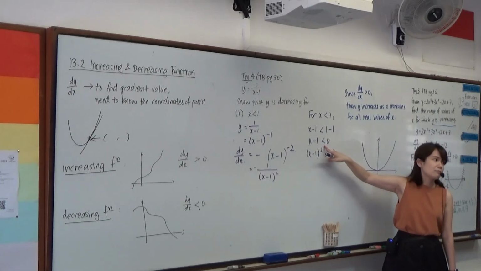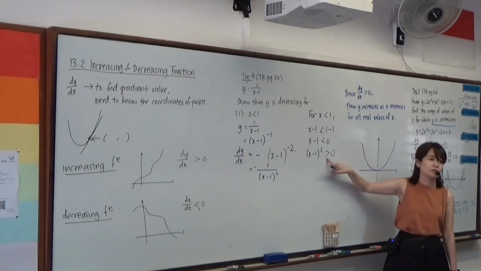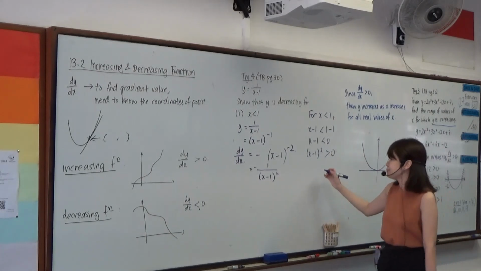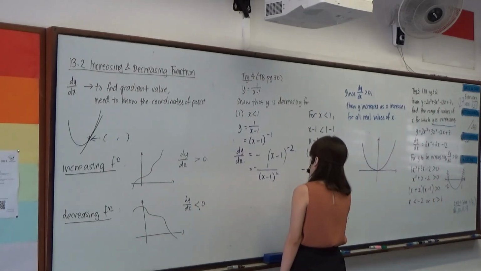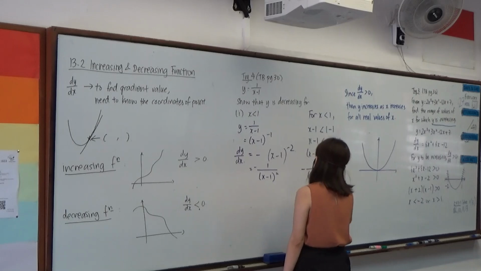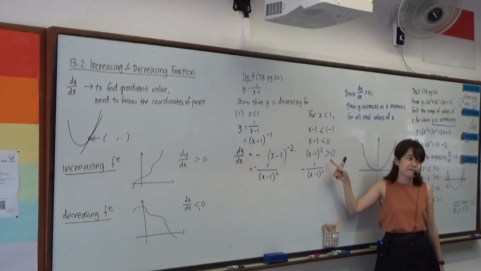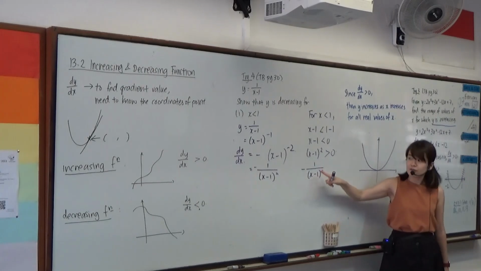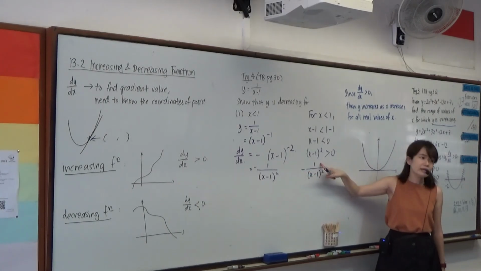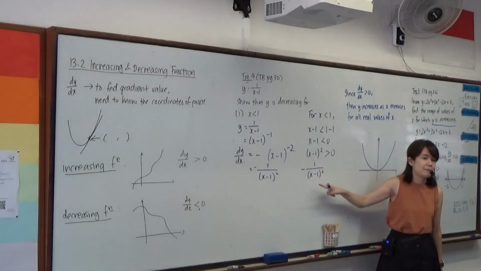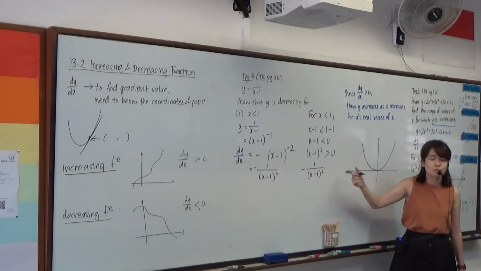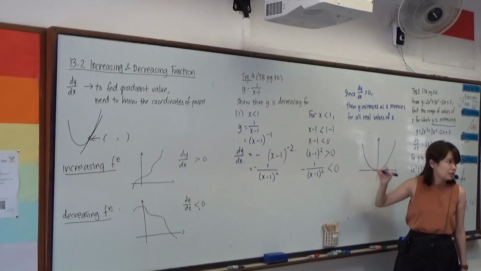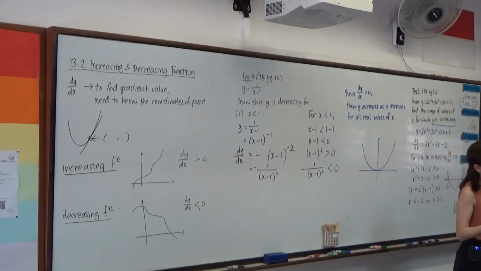Down here cannot equal 0, so surely down here cannot be equal to 0 also. So then negative 1 over x minus 1 squared. We look at this fraction itself. If the denominator is going to be positive, and up here is a negative 1, a negative number divided by a positive number surely has to result in a negative number. So we have to think about it in that manner.